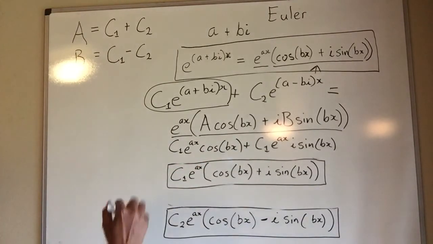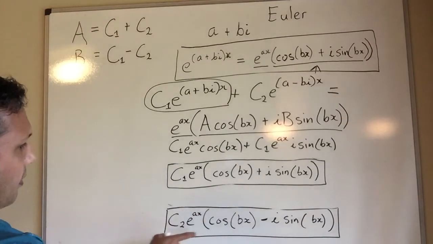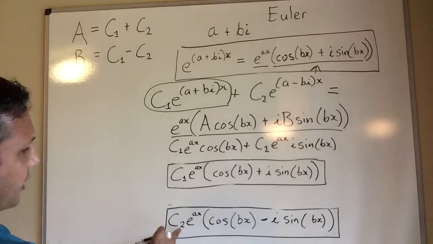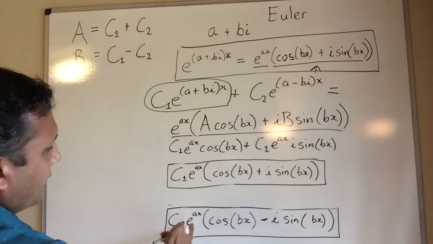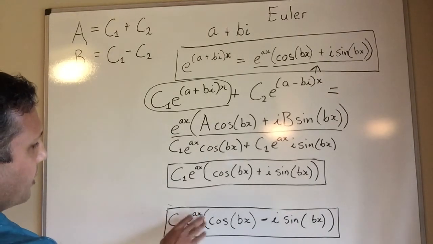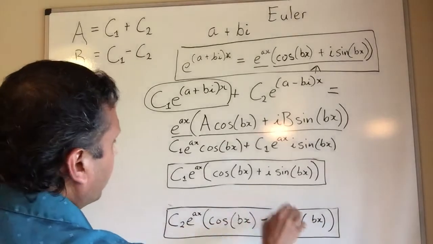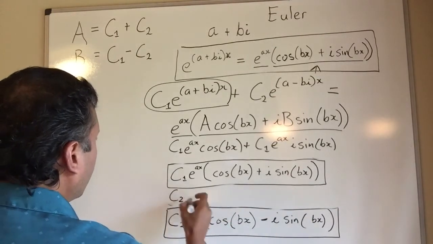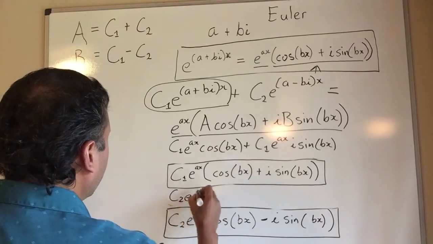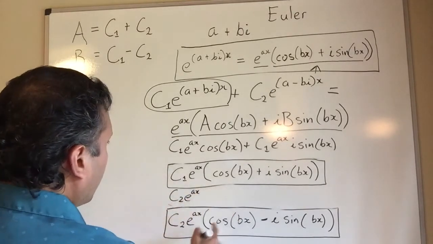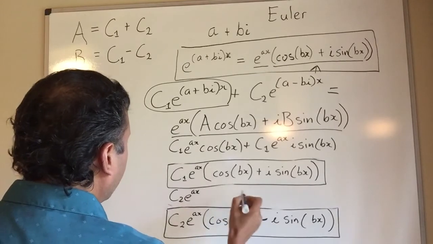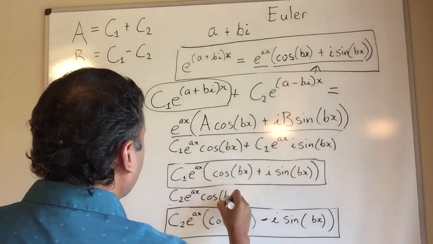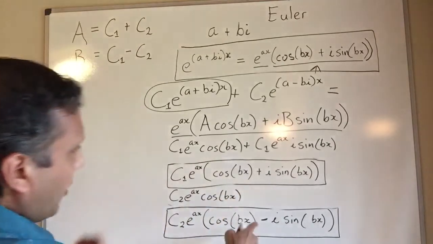And then I'm going to go to the next expression and multiply the second constant, C2, with its exponent. I'm going to take this value and multiply it to each of these terms here. So now I get C2 e to the AX multiplied by cos BX, and now I get a minus sign.